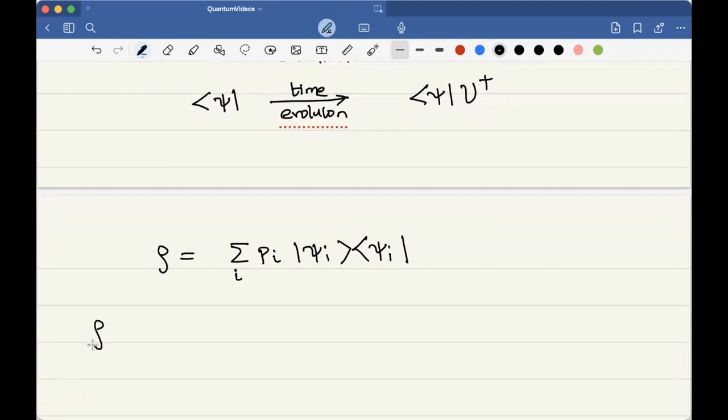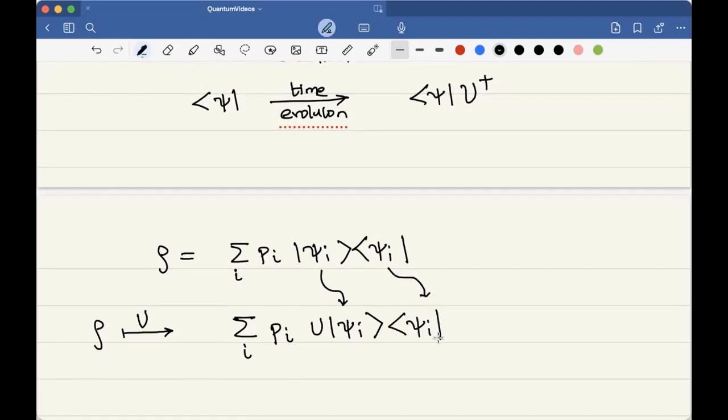Then the time evolution of this density matrix will be the summation over i of p_i, where the ket psi_i goes to U psi_i, and the bra psi_i goes to bra psi_i U dagger.